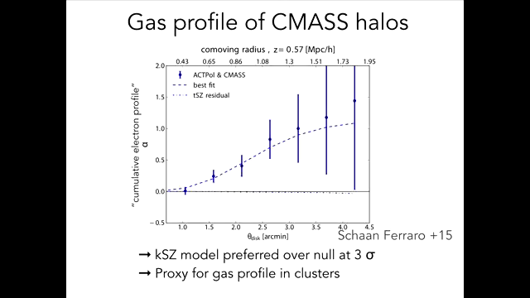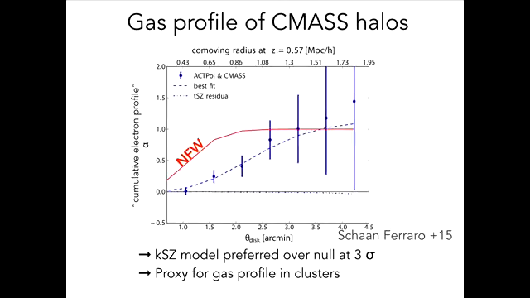And while you might ask, what do you learn from a 3 sigma measurement, and might expect the answer to be not much, I find it encouraging to see that already with this kind of precision data, you're able to say interesting things about the gas profile. So this red curve here is what you would get if the gas followed the dark matter as parameterized by this profile, the Navarro-Frenk-White profile.